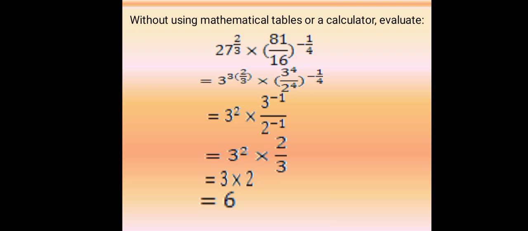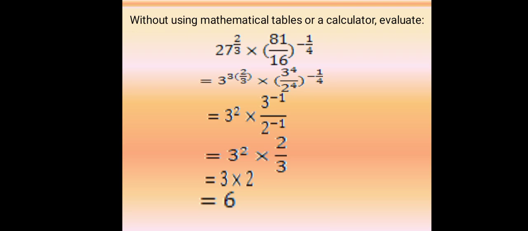Now we are multiplying by 3 squared. Now we can find the reciprocal, like 2 raised to the power of negative 1, which is just the same as having 2 in the numerator, and 3 raised to the power of negative 1 as a numerator is just the same as having a third.